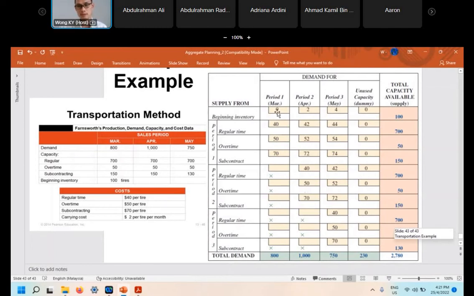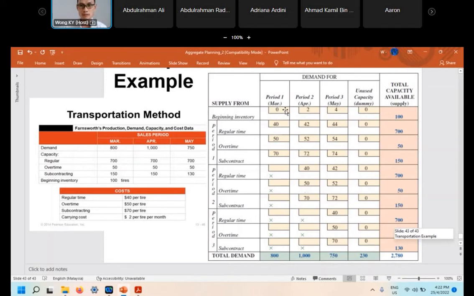Why is it 0? Because we have just made the thing in period 1. We have not carried it over to the next month, so there is no carrying cost in the first month. We have not held it for 1 month, so zero holding cost.